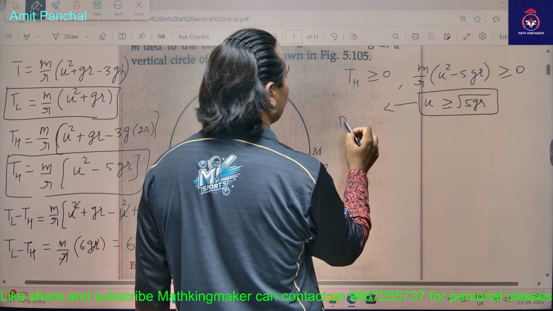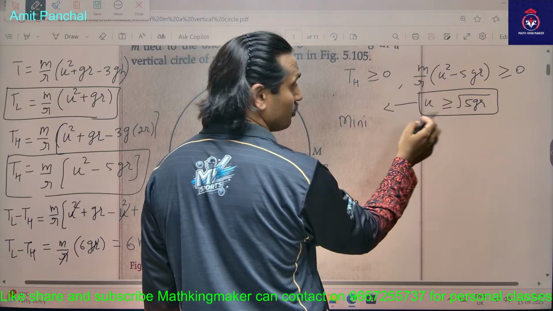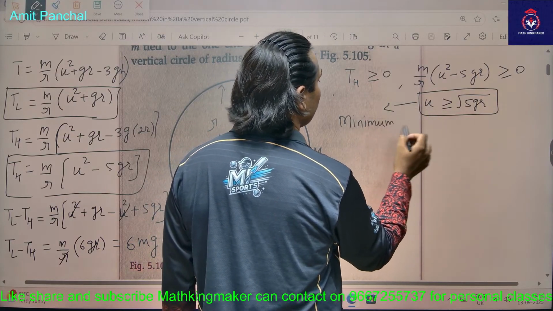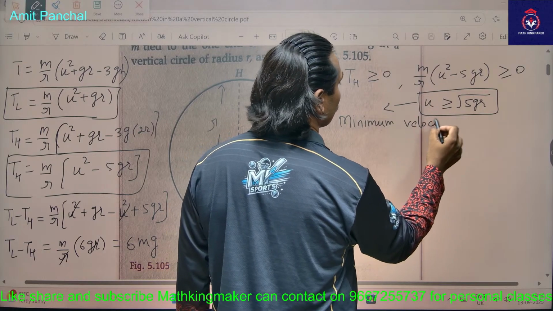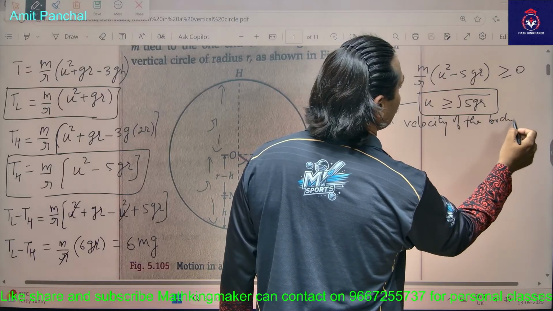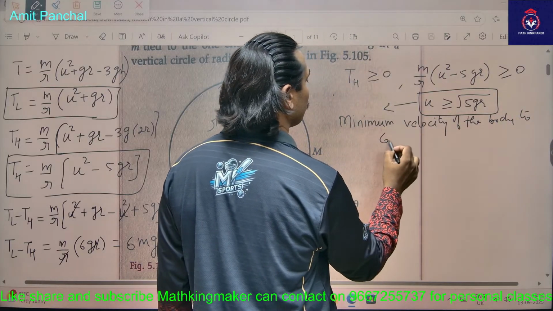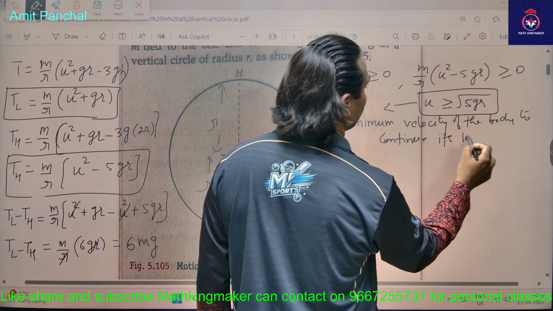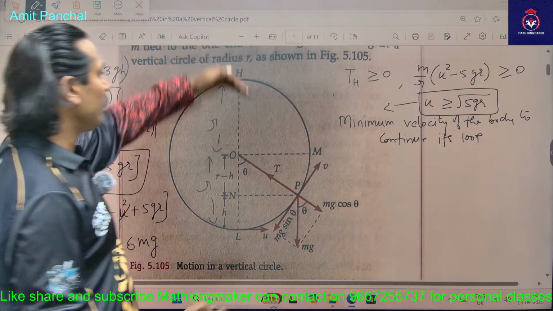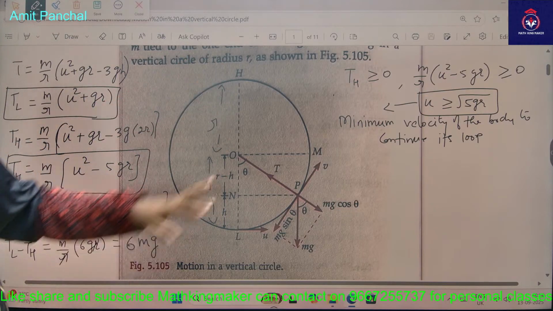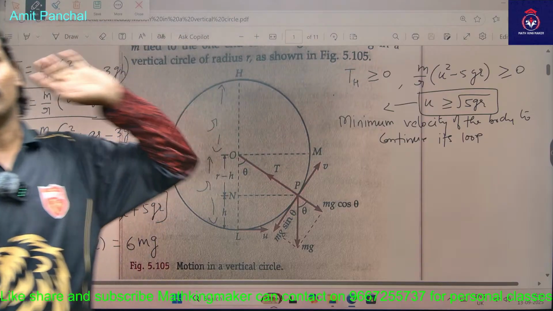Question is asked upon this concept: minimum velocity of the body to continue its loop. So can you explain this again? See, the body will fall if there is no tension. So the tension must be greater than or equal to 0.